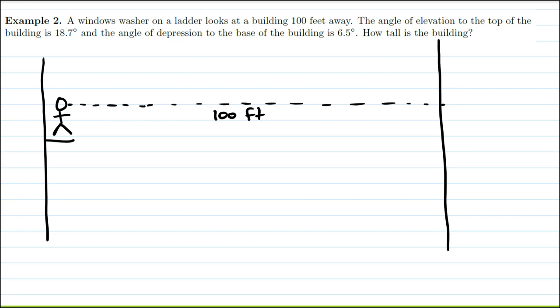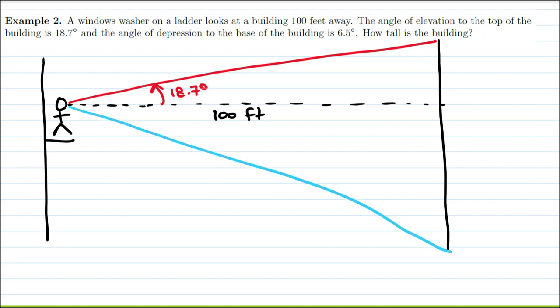We're also told that the angle of elevation to the top of the building is 18.7 degrees, and that the angle of depression to the bottom of the building is 6.5 degrees. We want the height of the building.